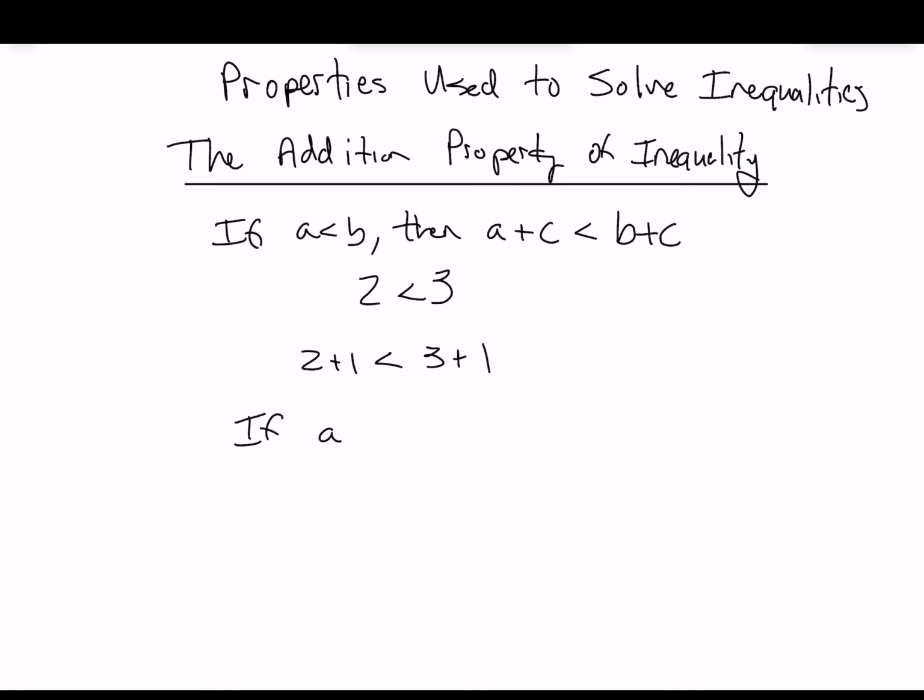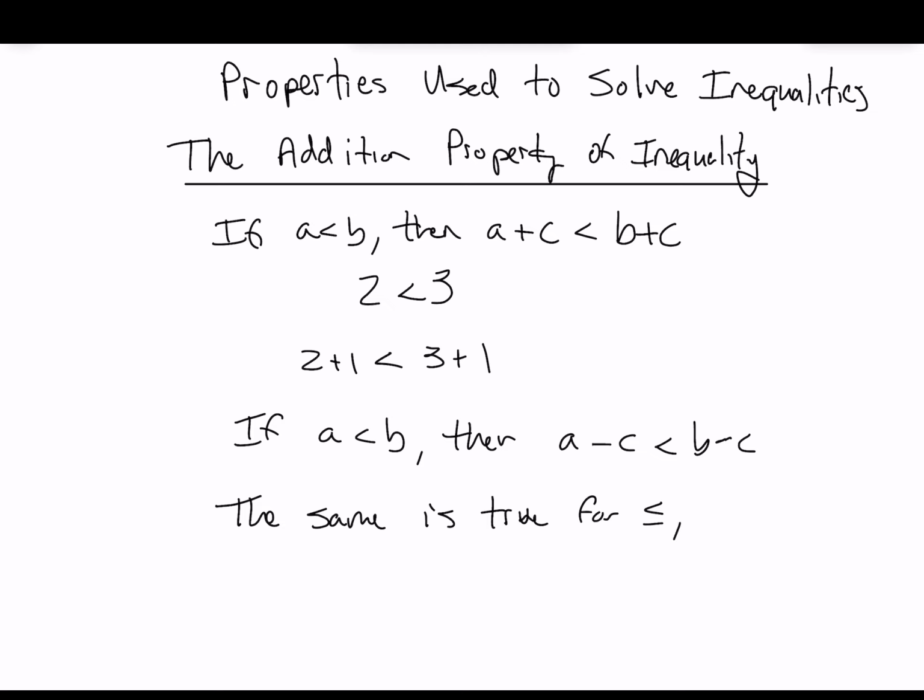And also, if A is less than B, then if I subtract that number, I'll also retain that same inequality property. The same is true for less than or equal to, greater than, and greater than or equal to.